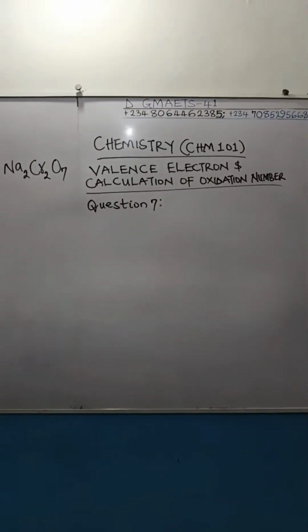And if nitrogen is to become positive, the valency of nitrogen will be +5. And that is why just cramming the valencies of this guy is not really sufficient to the concept of calculating oxidation number. You just have to know how to calculate oxidation number. And that is why we are having the class today. Let's move on to question number 7.